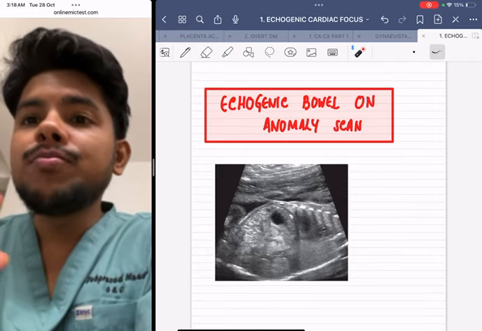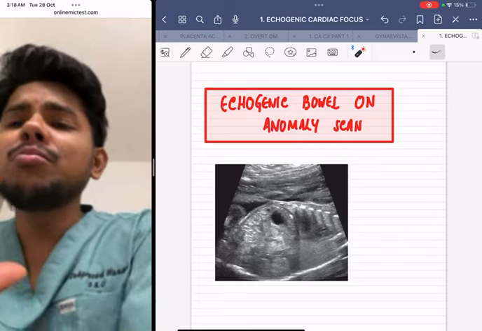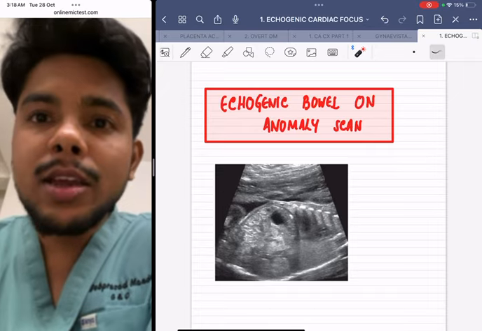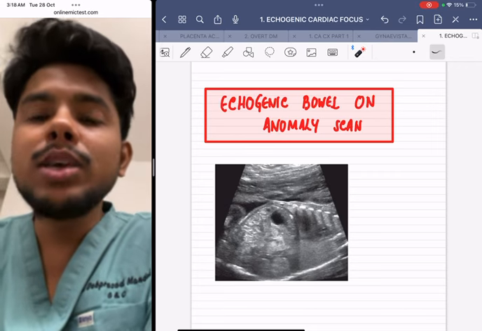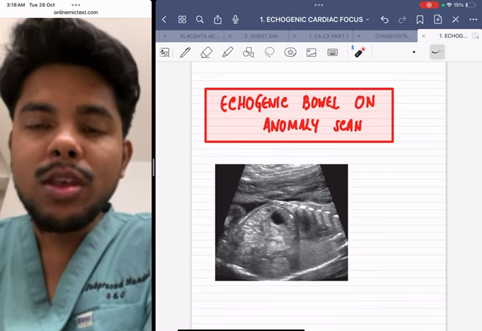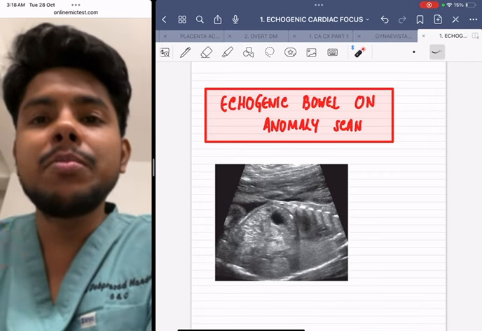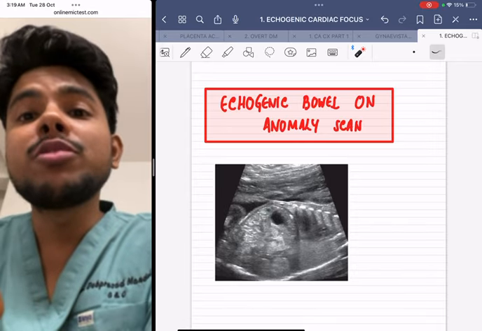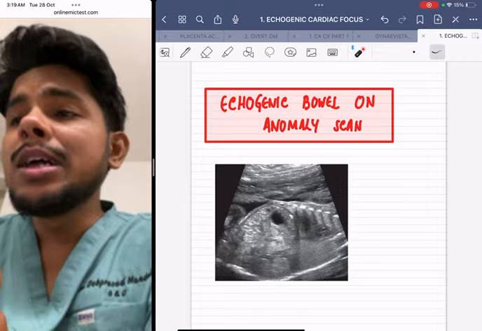But in more than 90% of cases, it is an isolated finding. It is not associated with trisomy 21, right? But in about 10% of cases, it may be associated with some sort of chromosomal aneuploidy like trisomy 21.